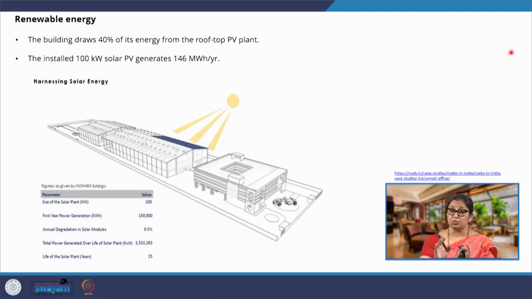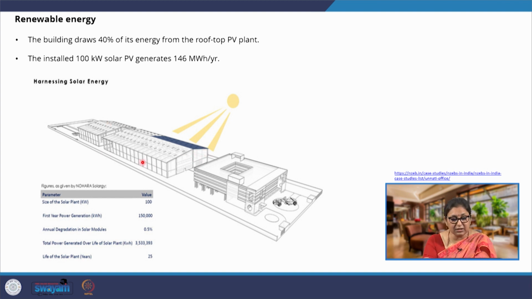Together, this entire building, as we saw, reduced the overall energy consumption by 59%, and of the remaining energy whatever was being consumed, 40% of this energy consumption is now coming from the rooftop PV plant. So, what they have done, there is a shed at the back, the industrial unit at the back.